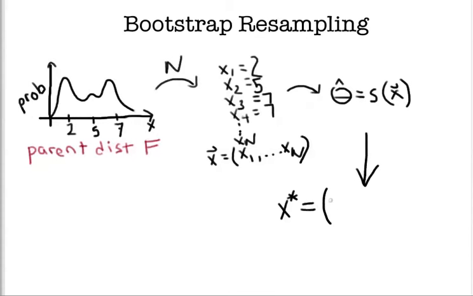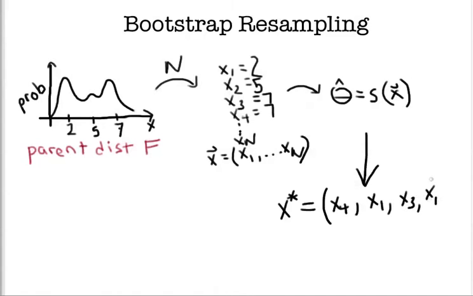So we choose, say, randomly. First we get, say, x4, then we get x1, then we get x3, maybe we get x1 again.